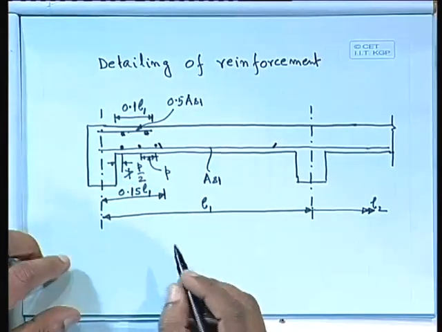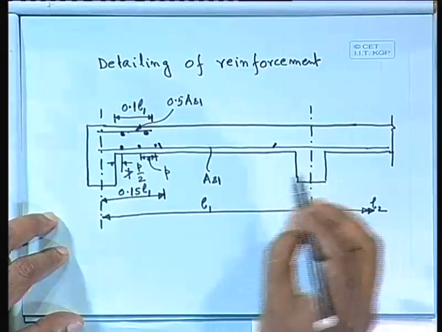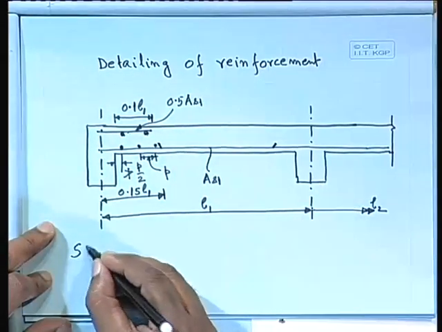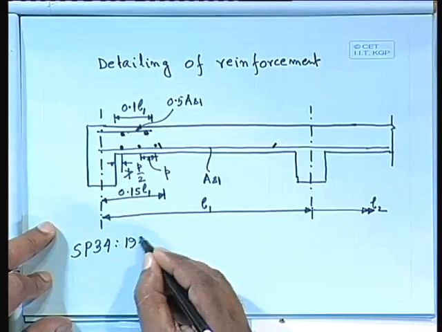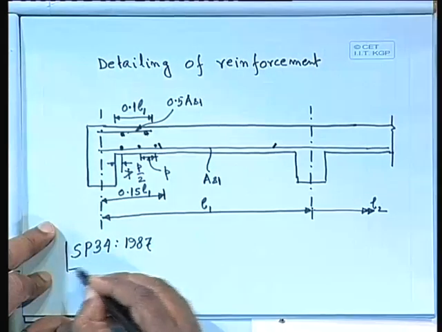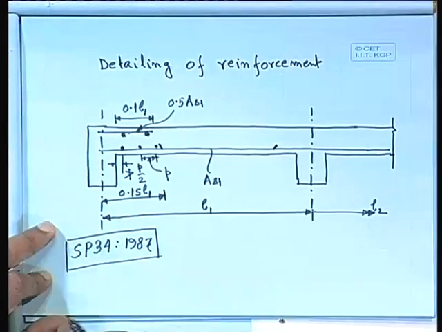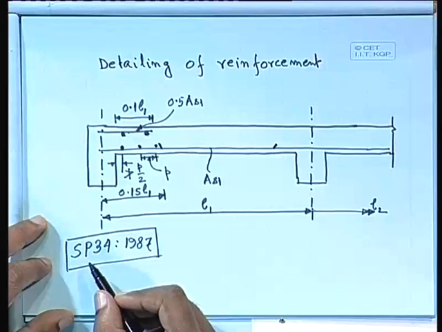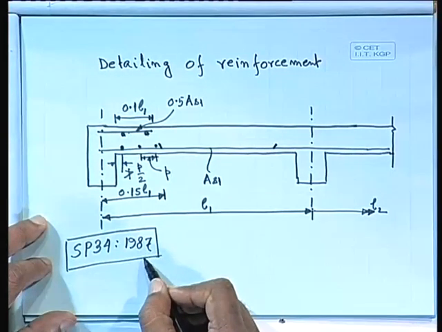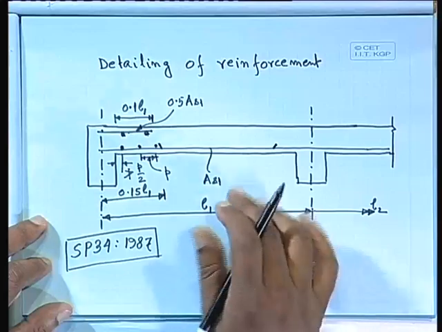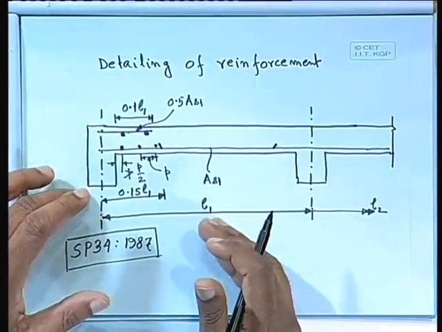But where from am I talking this? I am talking all of them from SP 34 1987. This is the detailing of the reinforced concrete reinforcement. SP 34 is special publication number 34, 1987 by Indian standards. So, I am talking from that one. So, everybody has to follow this detailing.